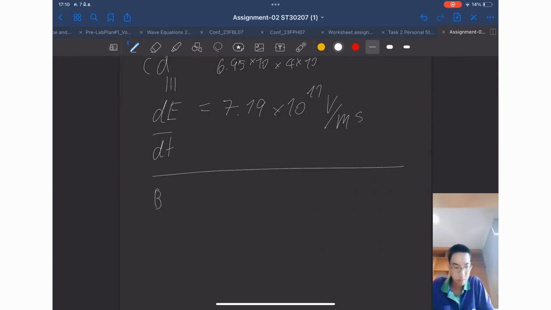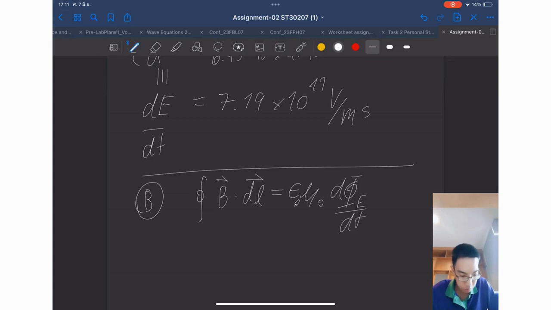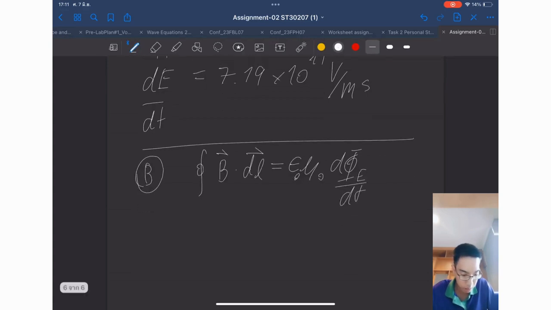And now let's talk about the second part, part B. We want to find the magnetic field, and the equation related to the magnetic field is Ampere's law, which equals mu naught epsilon naught d flux by dt.